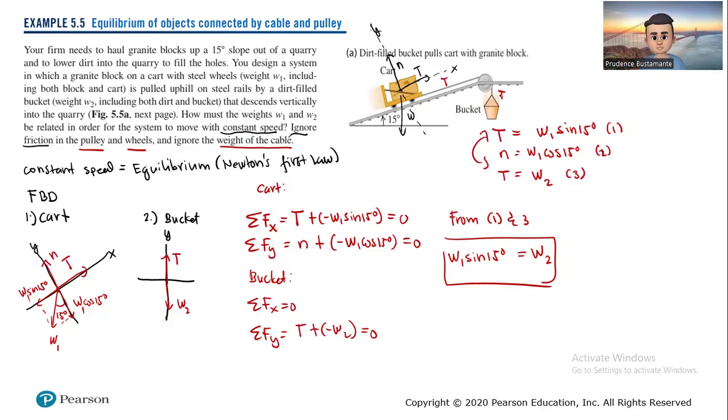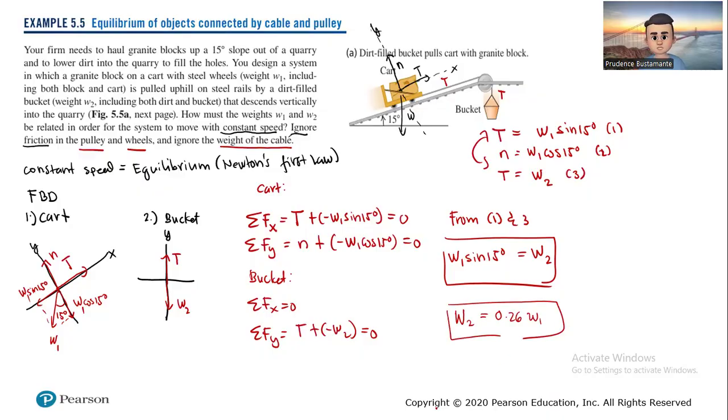That's why the tension here and the tension here are equal. Okay, so that's the relationship. So weight 2 is related to weight 1 by sine of 15 degrees. Another way to say it is that weight 2 is equal to 0.26 weight 1, because the sine of this is 0.26. Okay, those are the relationships.